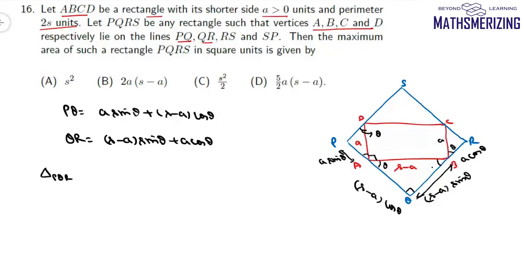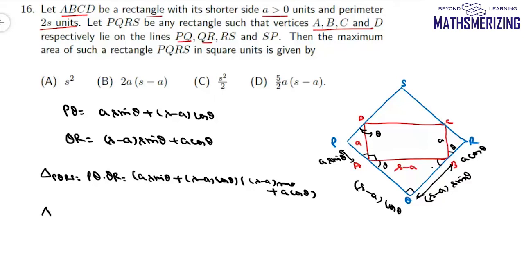So the area of this PQRS simply will be PQ into QR. So here will be a sin theta plus s minus a cos theta into s minus a sin theta plus a cos theta.